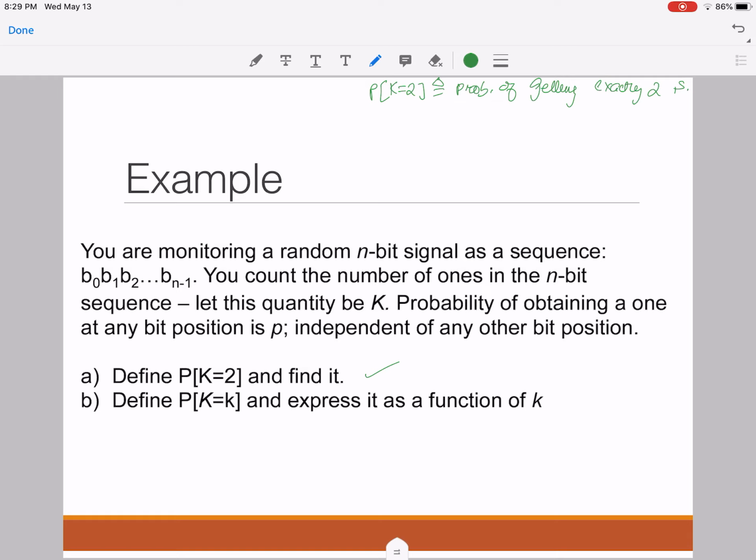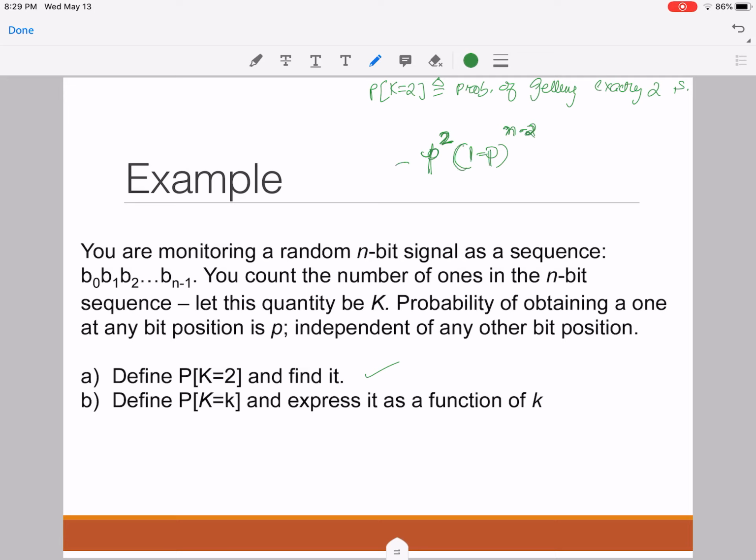Out of all possible n-bit sequences, if I consider one specific sequence that has exactly 2 ones, its probability is p squared, because there are 2 bit positions equal to 1, each with probability p, times 1 minus p to the n minus 2, because I have n minus 2 bit positions that turn up 0 with probability 1 minus p.